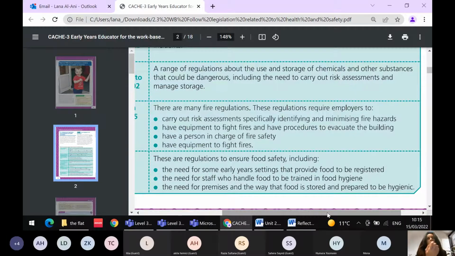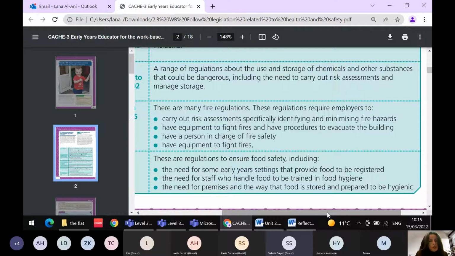So in the nursery, you will have lots of, let us say, disinfectants or items that might be chemical. It's very dangerous. So this regulation will ensure that the nursery takes extra care to store these chemicals properly. Otherwise, it might be very dangerous for the health of the children if they are exposed to them.